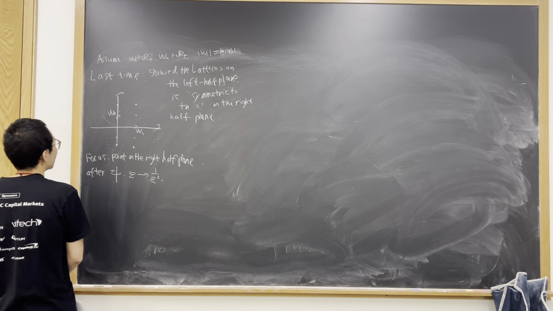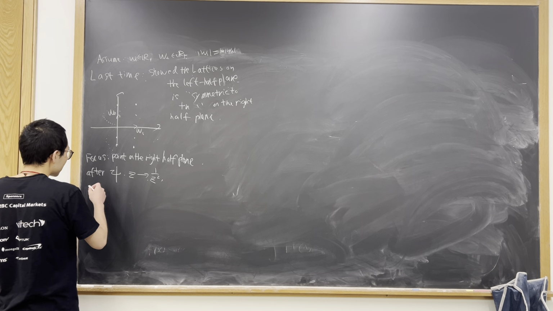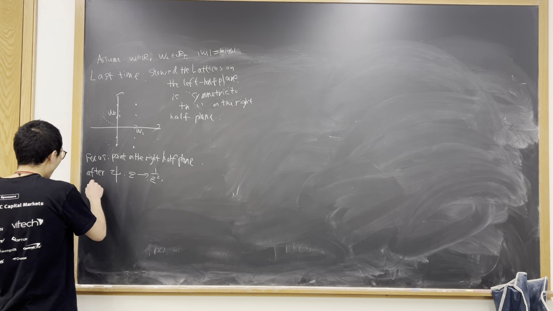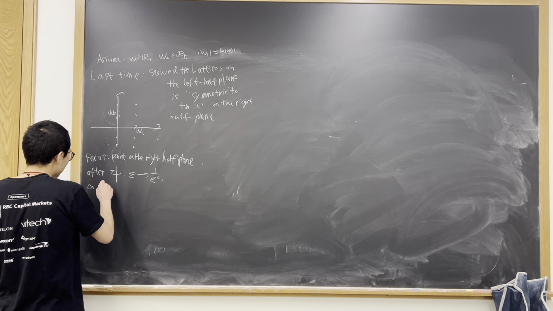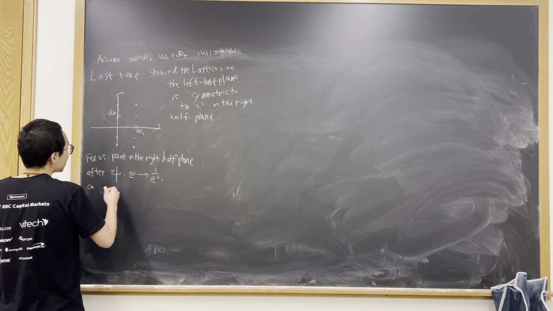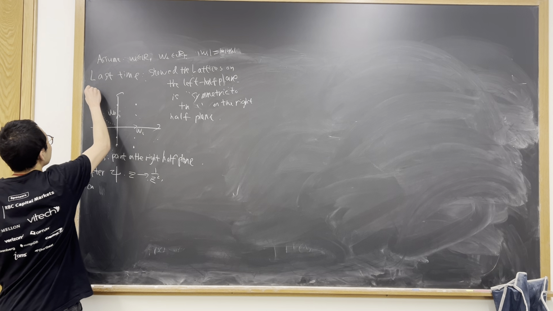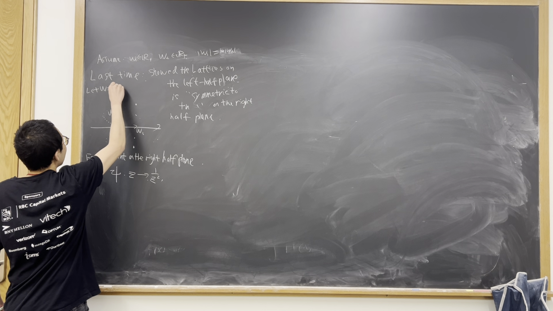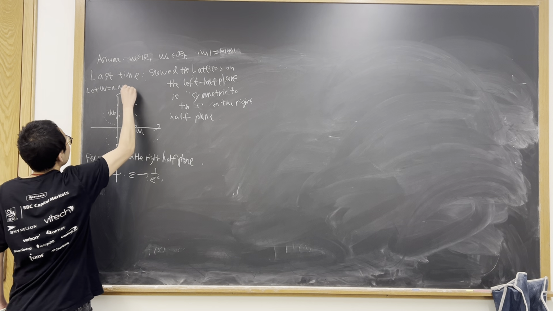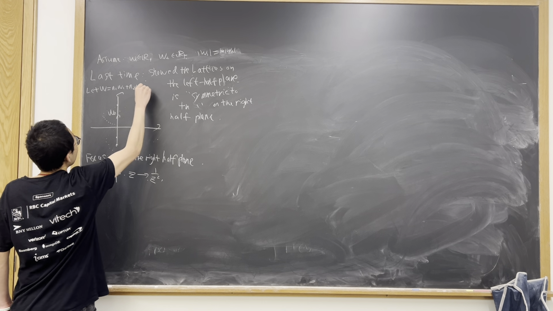let's see. So here, let W be equal to n1 omega 1 plus n2 omega 2.